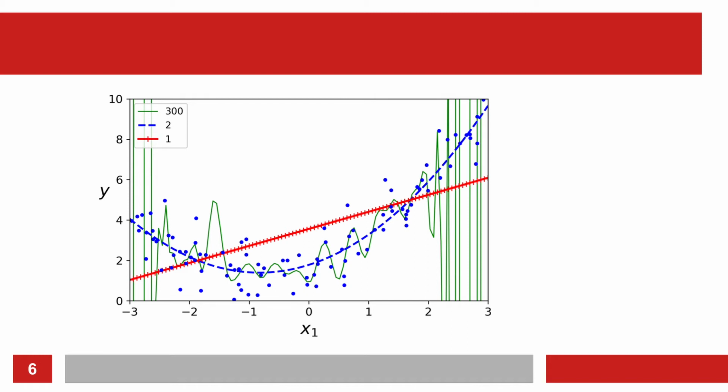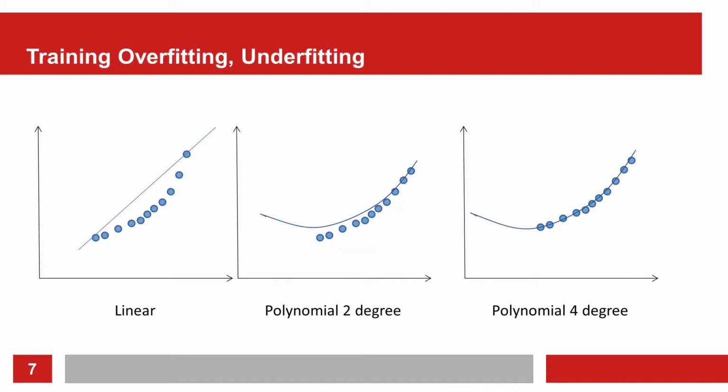To understand this concept, we should draw this slide. Overfitting and underfitting, of course, I think you have already heard about this if you have learned machine learning. Assume we have this dataset, and here's the linear line, here's the polynomial with degree 2, and let's see here polynomial degree 4. As you see, degree 4 is the best fit to our data, but there is some disadvantage.